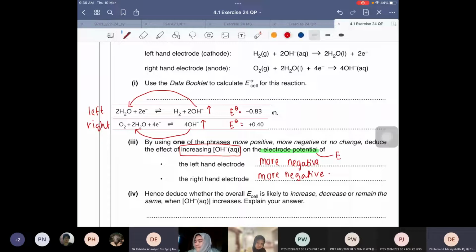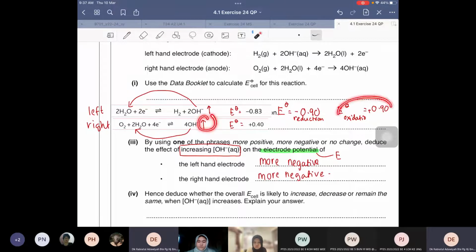Okay, for example, more negative would be negative 0.90. That is for reduction. For oxidation would be 0.90, which is now becoming more positive. So if you have an effect of more negative and more positive, of course the net effect will change.